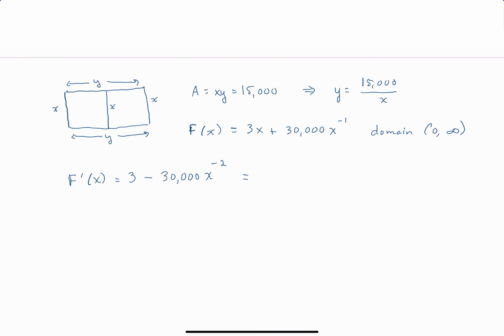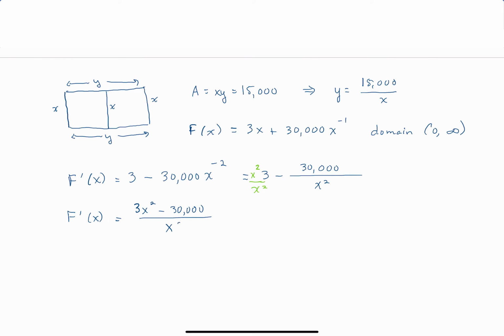So let me write this as a fraction, 3 minus 30,000 over x squared. The common denominator would be x squared, so I'm going to multiply this 3 by x squared over x squared, at which point we have f prime of x equals 3x squared minus 30,000 over x squared.